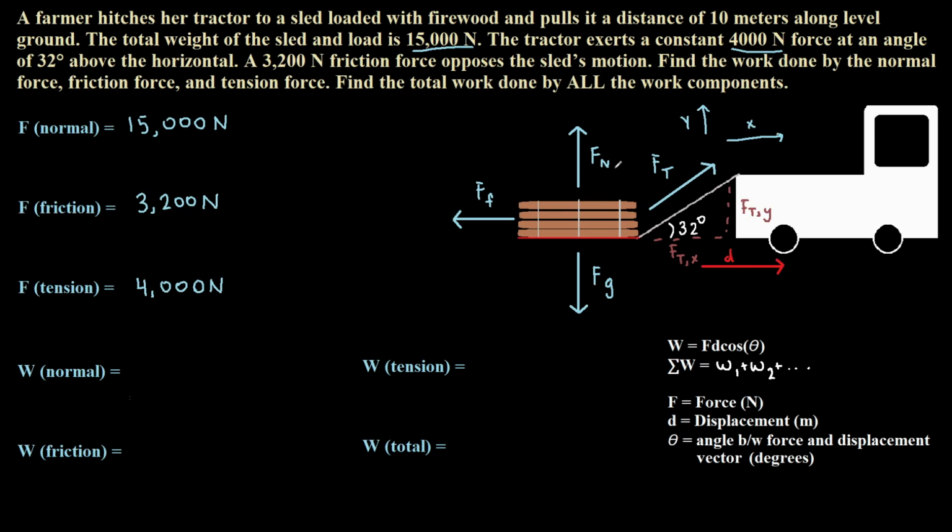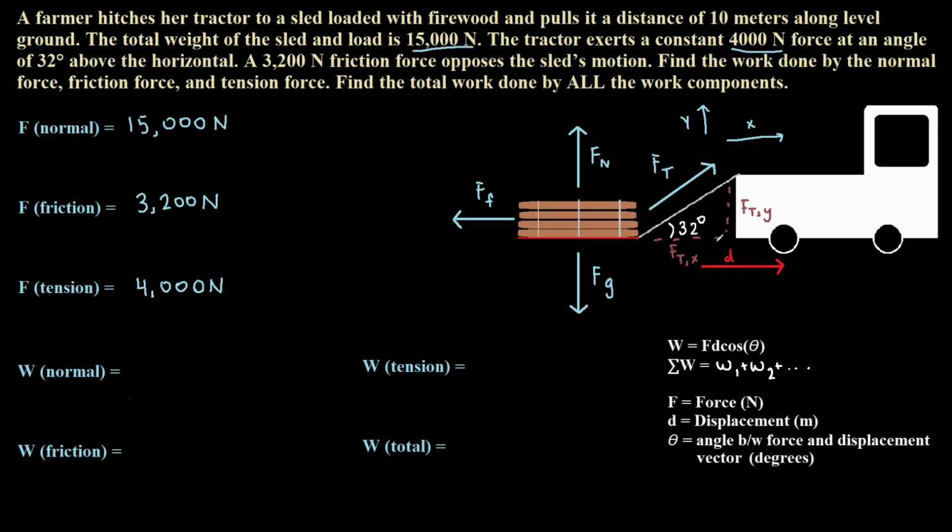With this in mind, we see that the tension force in the y direction is perpendicular to the displacement, so it's going to have 0 joules for work done. While the tension force in the x direction is in the same direction as our displacement, so it's going to be a positive work done. So when solving for work, we're going to be using the tension force in the x direction.